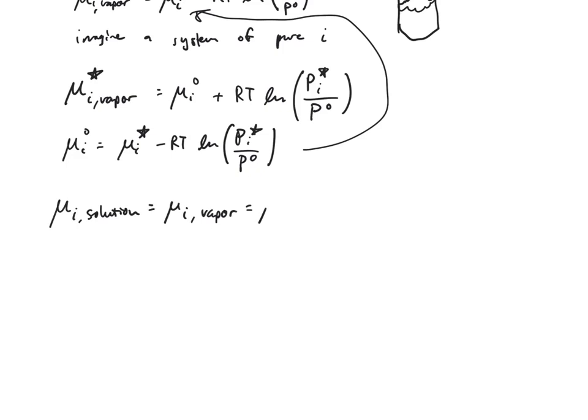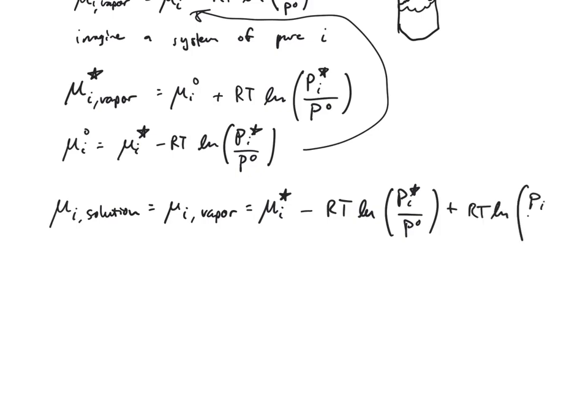This just equals the chemical potential of the pure substance, minus RT log P star I over P naught, plus, oops, this is supposed to be a negative here, and then plus RT log Pi over P naught, like so, okay?